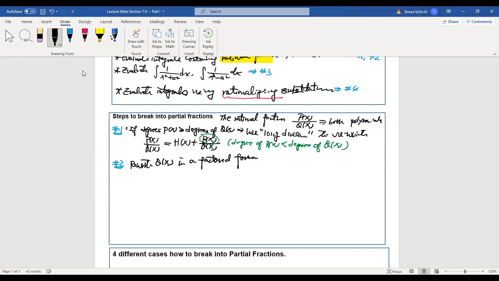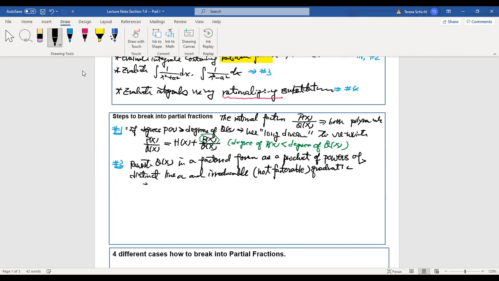That means I want to factor it and write it as a product of powers of distinct linear and irreducible quadratic factors. Irreducible means not able to factor anymore, so not able to factor the quadratic.